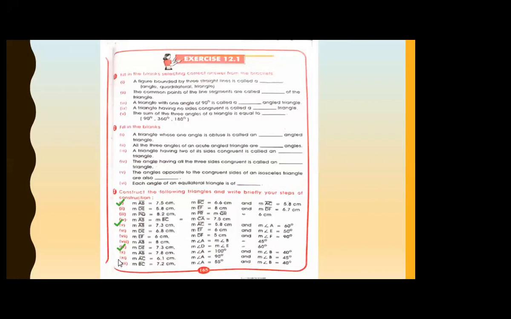And what about 11 and 12? This is the last case in which one angle is missing. First, we have to find the missing angle and then solve the question. Remember, we did these questions in our physical classes.